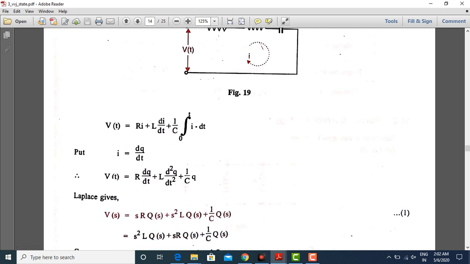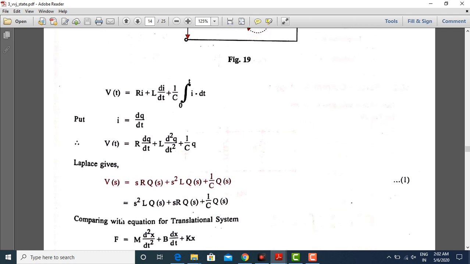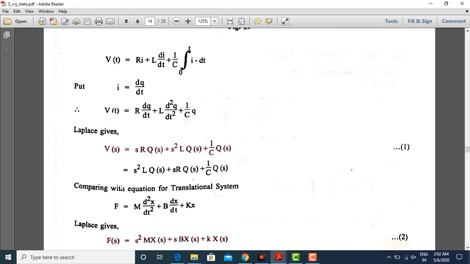Now take the Laplace transform, so just replace d by dt by s. Take the s squared term as second order, then first order, then constant. So this is the term.